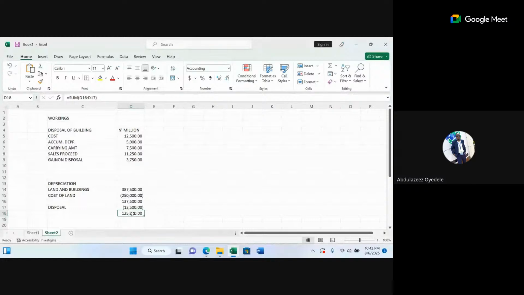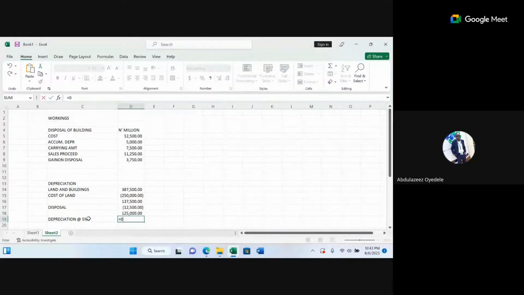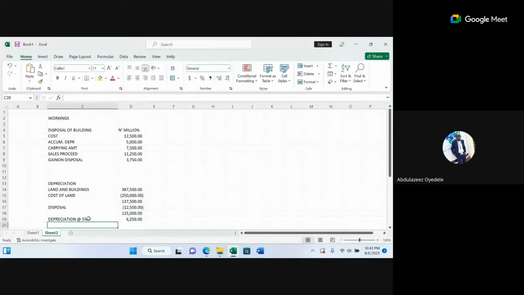Okay, it is on this that we will now calculate our 5%. So 5% depreciation. That's 5%, 0.05. So that will give us 6.250 billion.